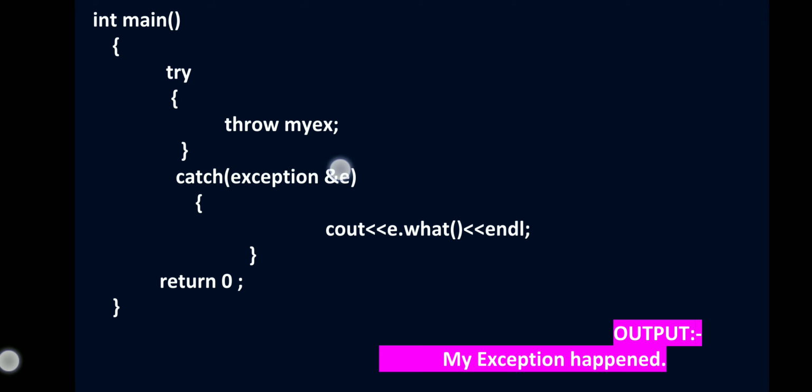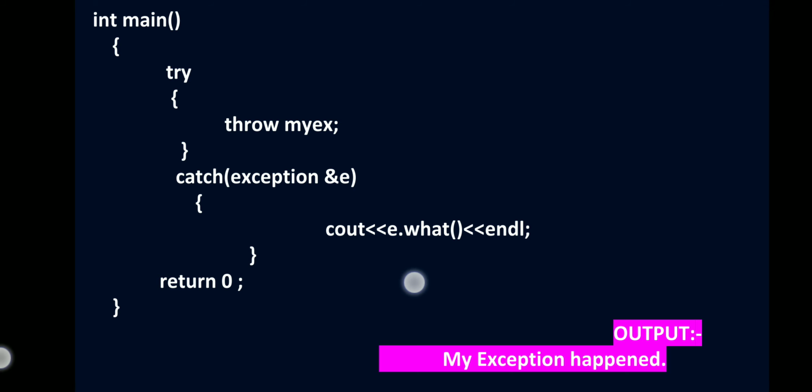That object I am throwing is caught by the exception class object e. In this catch block, I'm printing e dot what. The what function returns the error message, and with object e, I'm calling the what function.